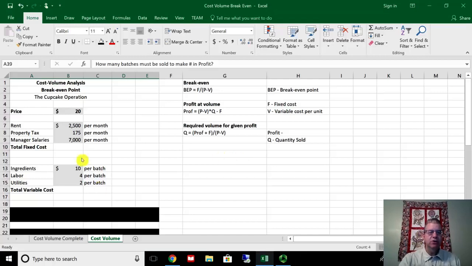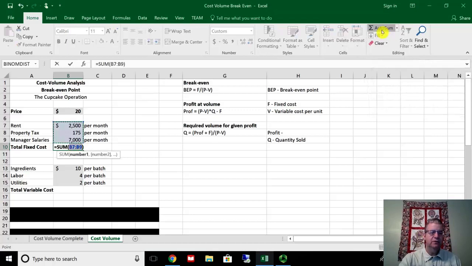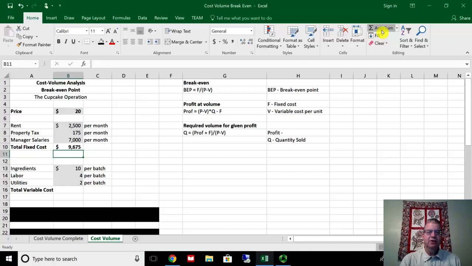So first thing we need is a total fixed cost, and we remember that Excel has a nice little sum function. I can either use equals SUM in parentheses, or I'll use the auto sum. Excel knows that you use sum an awful lot. By using the auto sum, that tells me I've got $9,675 a month, no matter how much volume we do.